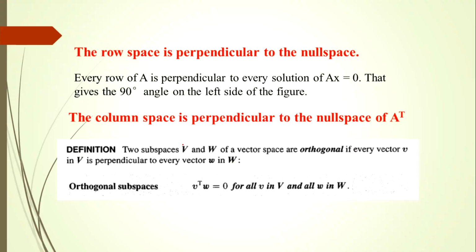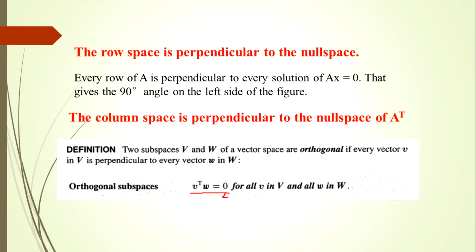Every vector from V is orthogonal to every vector w in W. So the inner product of v and w equals 0. Be careful, this 0 is a number, right?